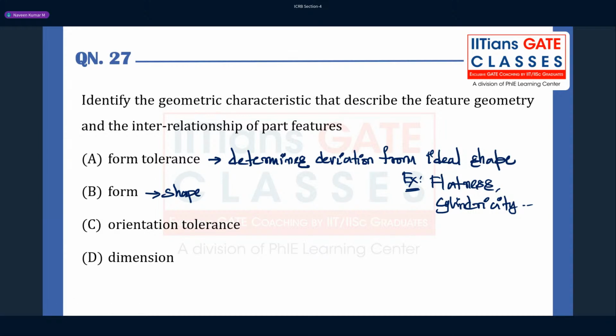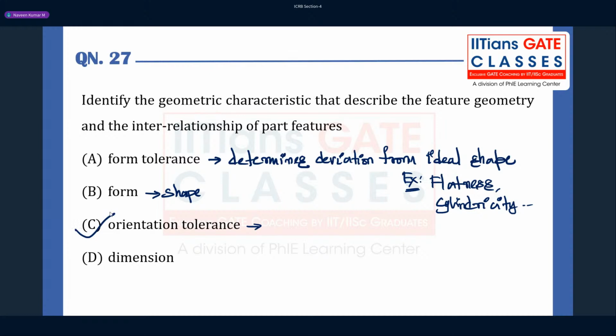What is orientation tolerance? Orientation tolerance will control the orientation of the features, relative to the feature, in which direction we can orient, whether we can put it perpendicularly, angularly, whether it's parallel to each other. As we are talking about perpendicularity and angularity, with respect to what is it perpendicular? With respect to the part features itself, right? So obviously, this is the right answer.